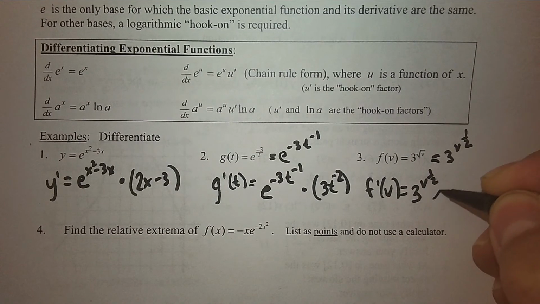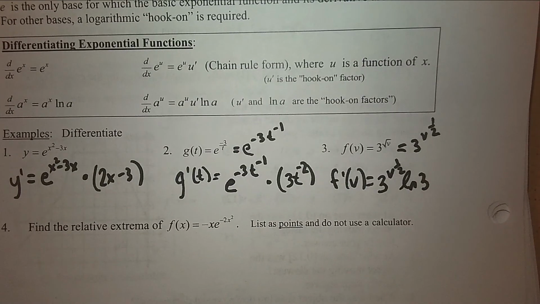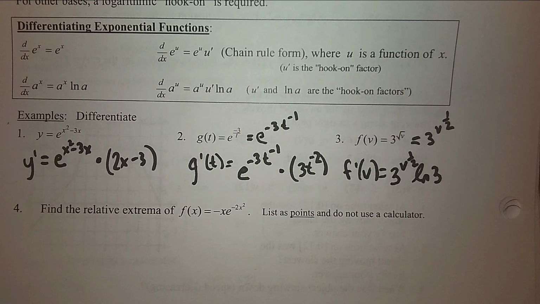It needs a ln what? Remember we talked about that formula? What's the formula to take the derivative when the base is not e? We need to include ln of the base. It's the same formula, but it still needs ln of whatever the base is. So do you see ln 3?